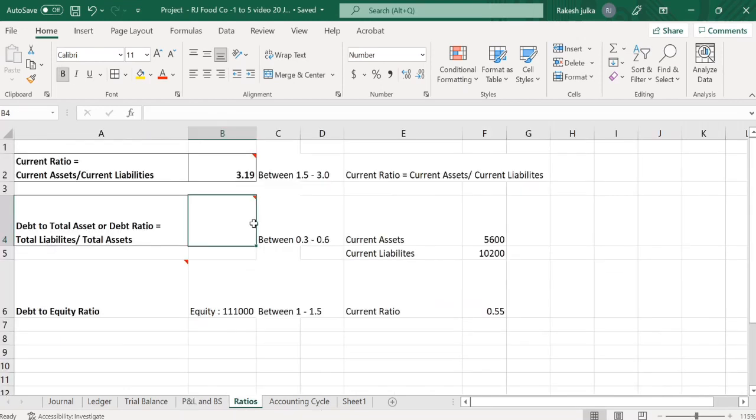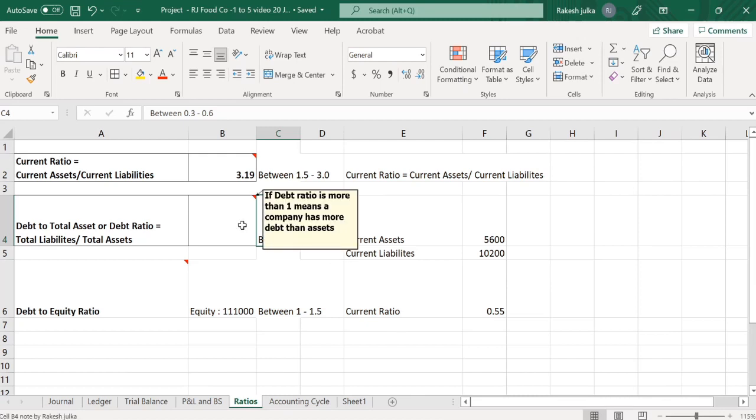Look at this, the standard range is 0.3 to 0.6. What this ratio says is, if the debt ratio is more than 1, it means the company has more debt than assets.